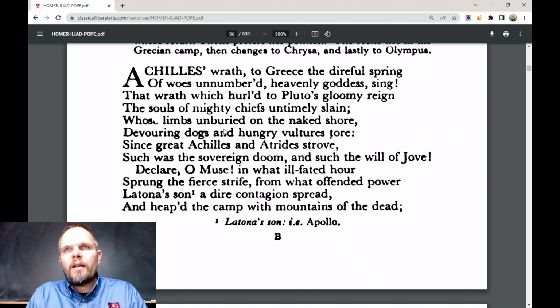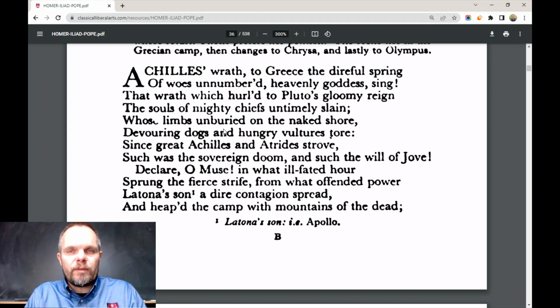And so I'd like to read the works of Homer and Virgil and Ovid and Dante in English translation for the sake of English literature, but I would like to do so in poetic form, since these works are, in fact, poems.